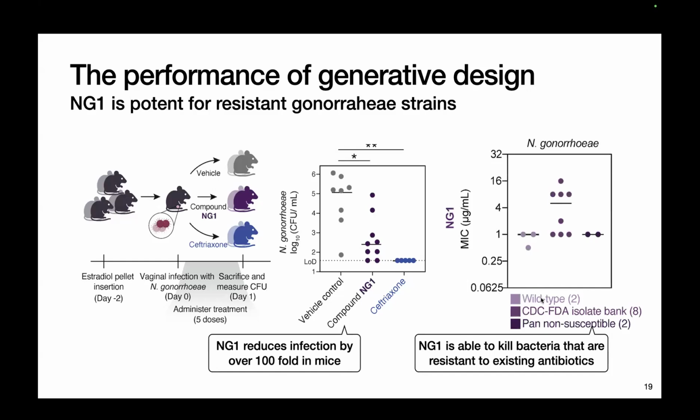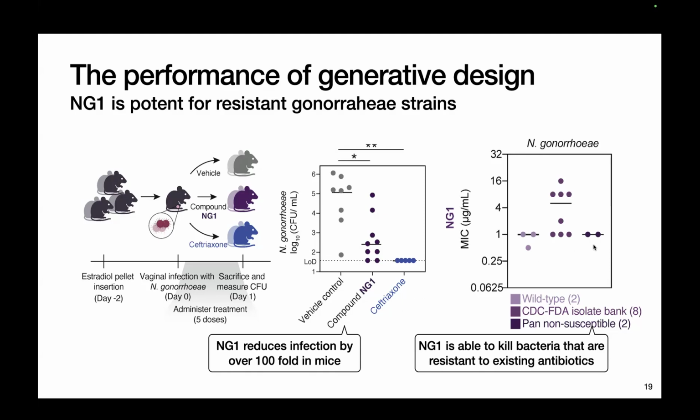You can also see that our compound not only kills the wild type gonorrhea, but also kills different resistant bacteria strains. So here's another figure of multiple different gonorrhea strains. You have the wild type on the first column, and the second column is the resistant strains collected by the CDC. There are also another two even worse strains that are pan-resistant, meaning they are resistant to this compound as well.